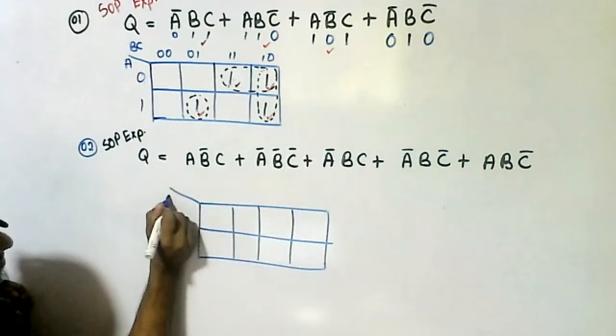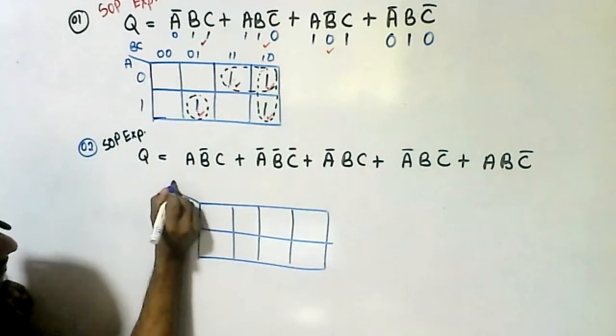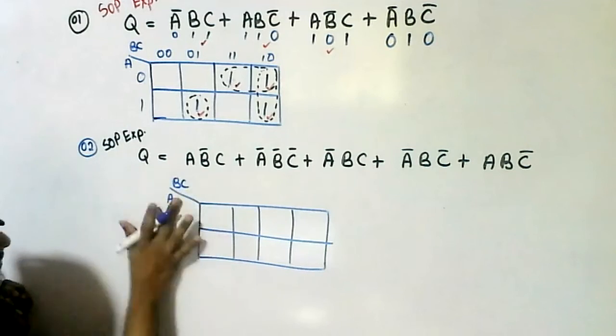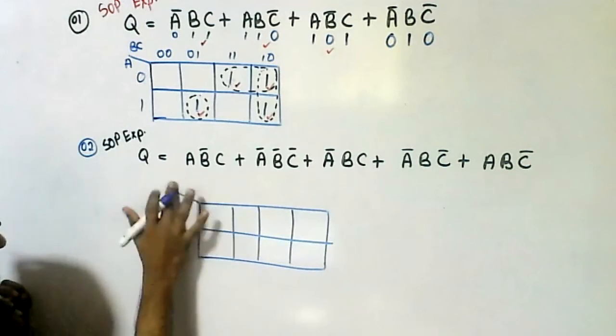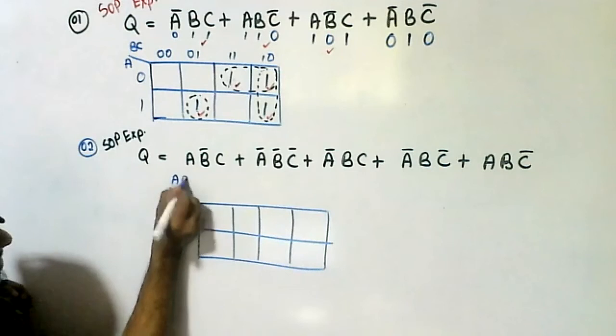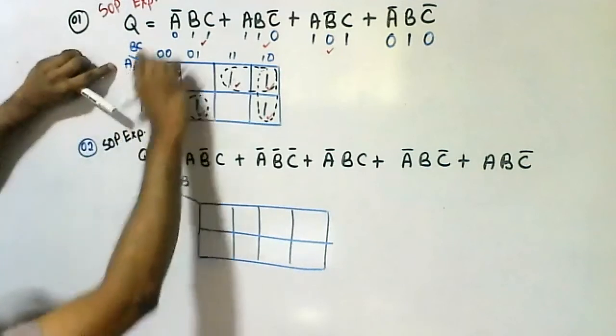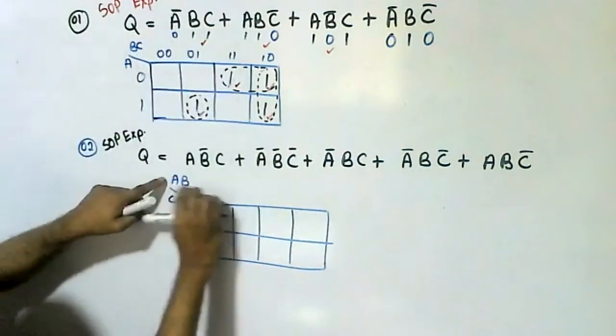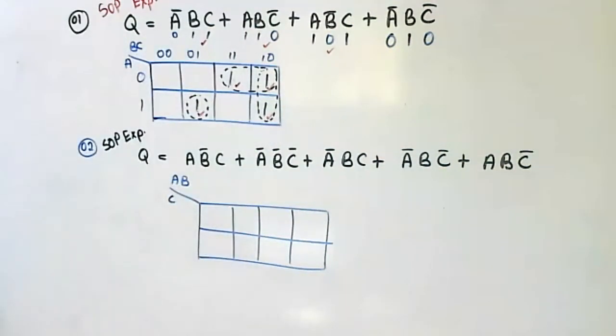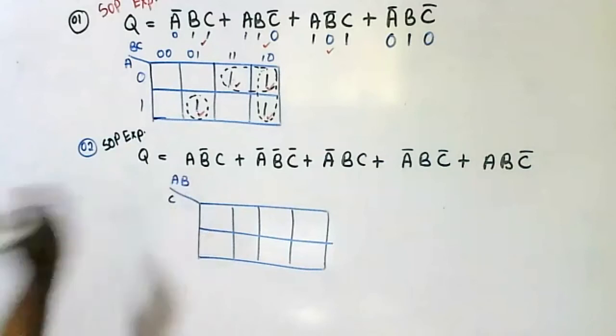Here A, and here BC. Even we can take it like this: here I am taking A, B, C. It is also okay. Even we can write A, B, C like that.